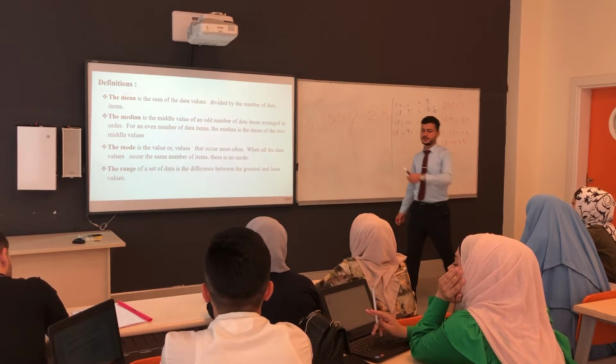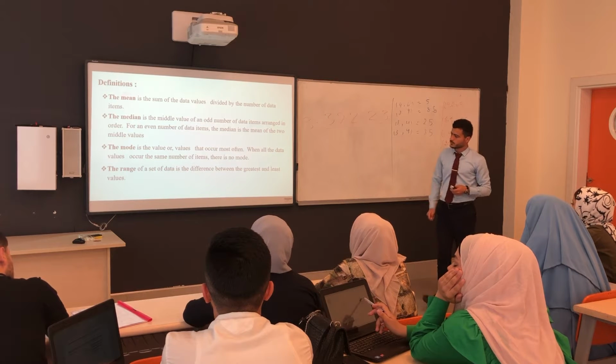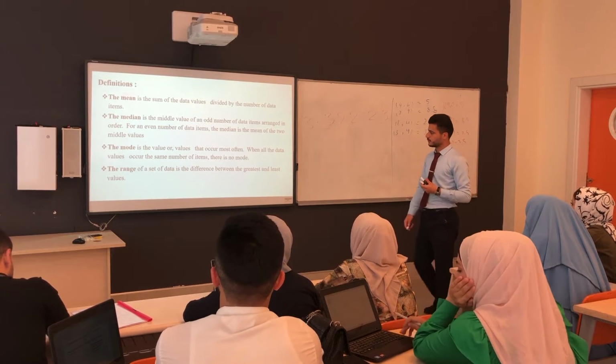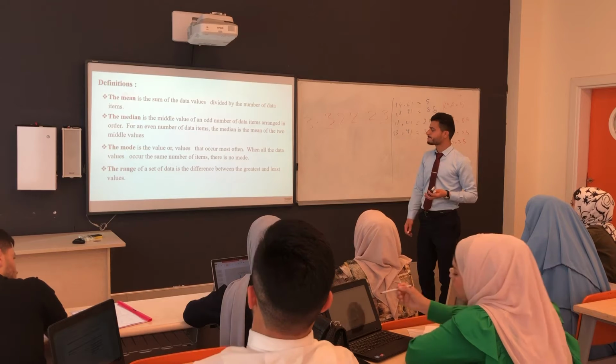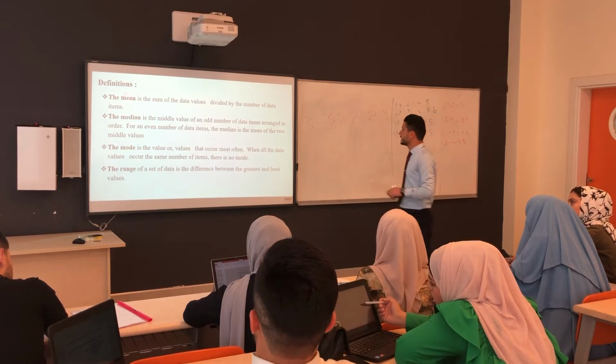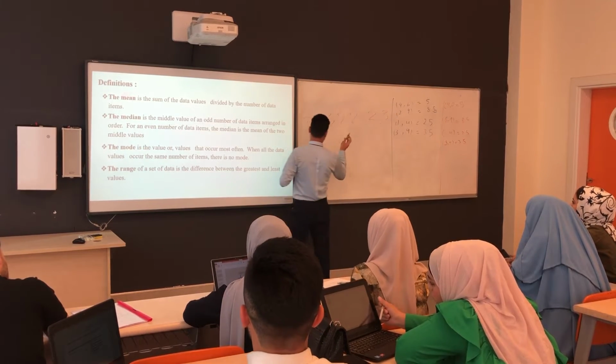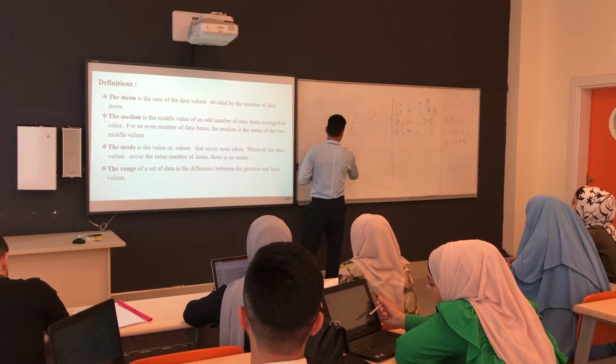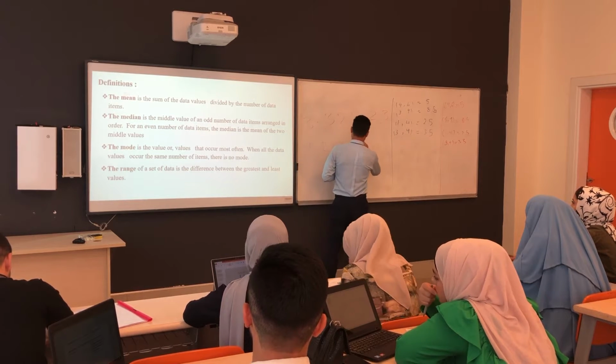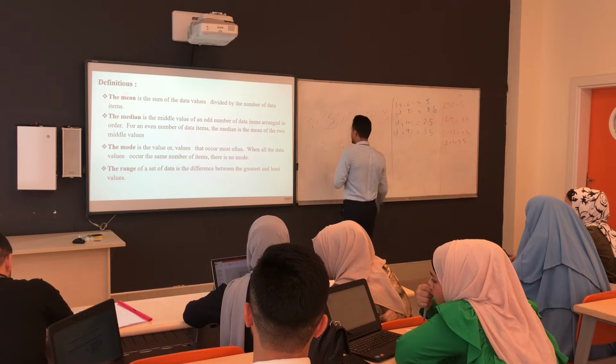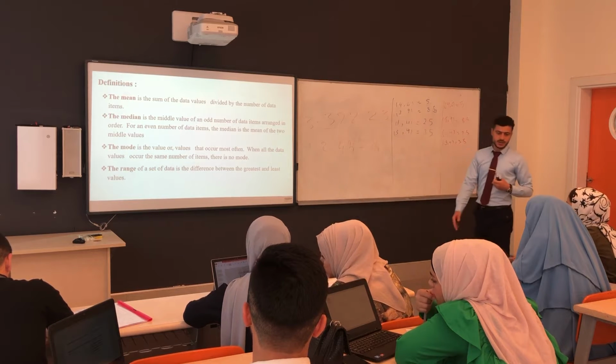The range. The range of a set of data is the difference between the greatest and the least value. Okay, very good. If we had a set, for example, 1, 2, 4, 5, 7, 8, what are we going to do for the range?